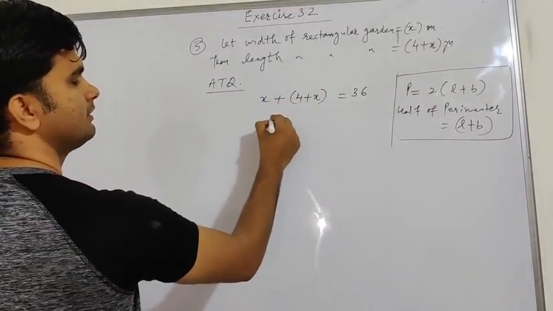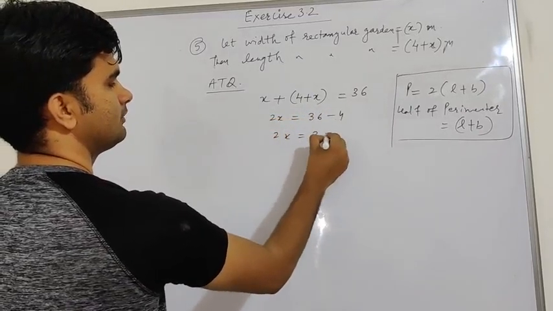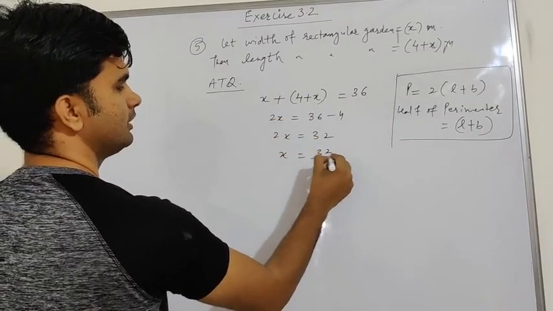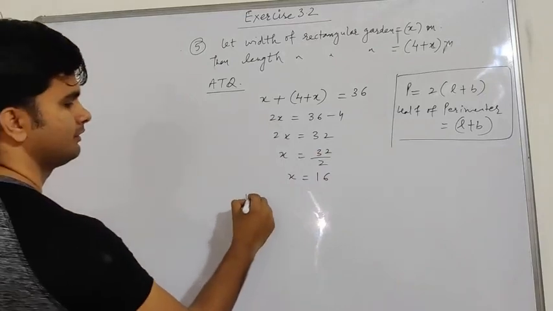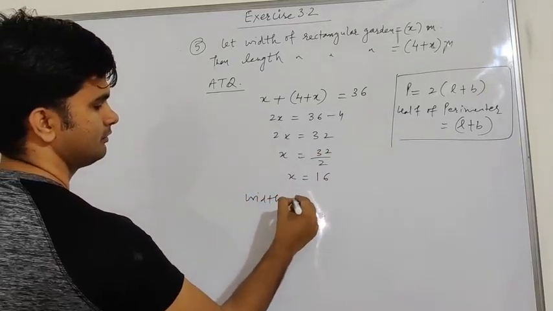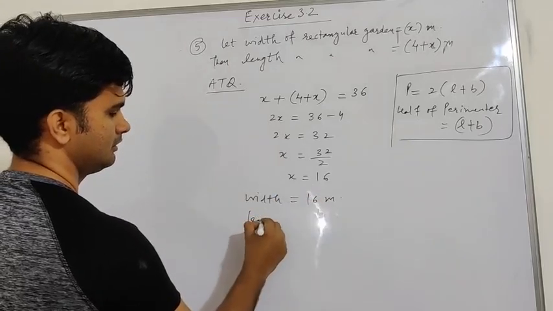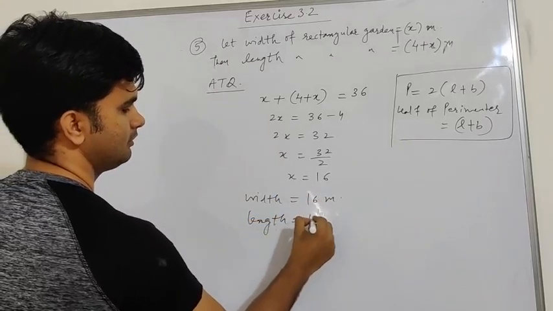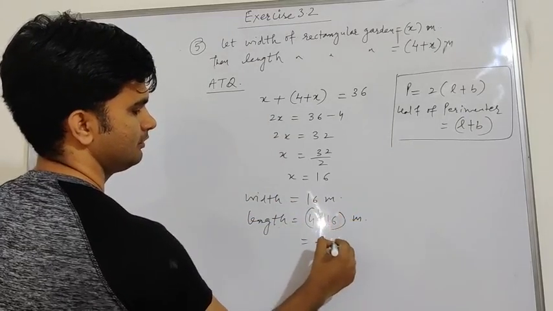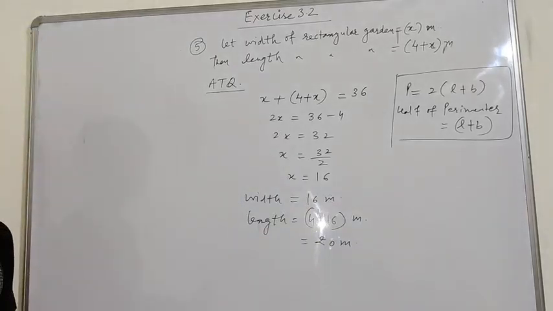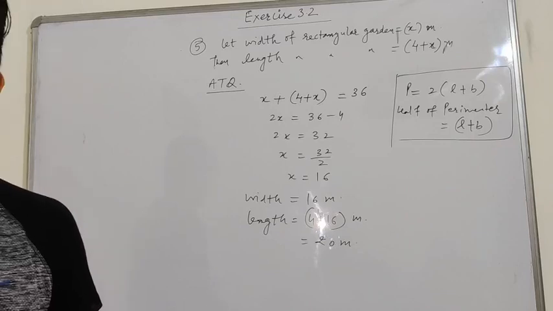So x plus 4 plus x, it is 2x plus 4 is equal to 36, so 2x is equal to 36 minus 4. 2x is equal to 32, x is equal to 32 by 2. So x is 16. So width is equal to 16 meter and length is equal to 4 plus 16 is equal to 20 meter, right?